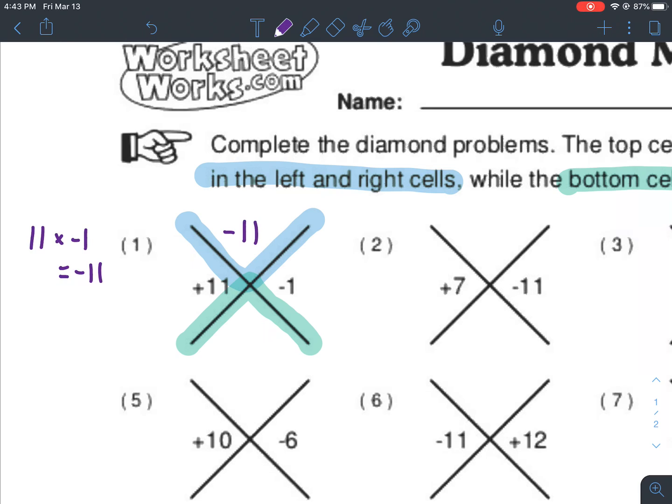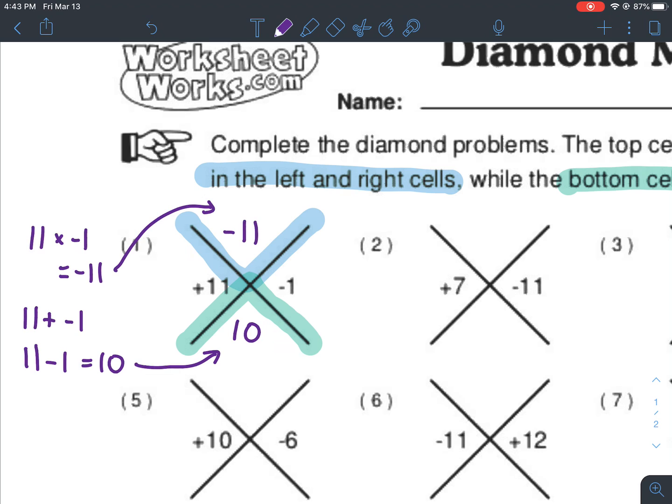In order to figure out what goes on the bottom, I'm going to do the number on the left, 11 plus negative 1. Well, 11 plus negative 1 is the same as 11 minus 1, which is 10. That's what goes on the bottom, and we are done with our first diamond problem.